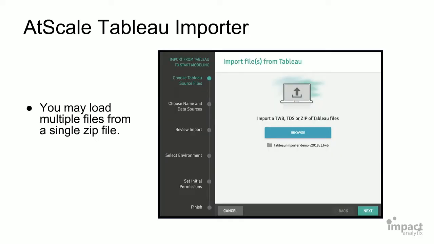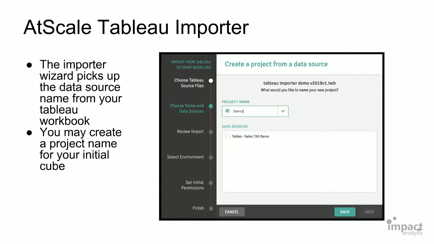So going through the importer, you can go ahead and upload your file. It is a wizard that will walk you through the process. So you go ahead and load your file, and then you create your project from the data source.